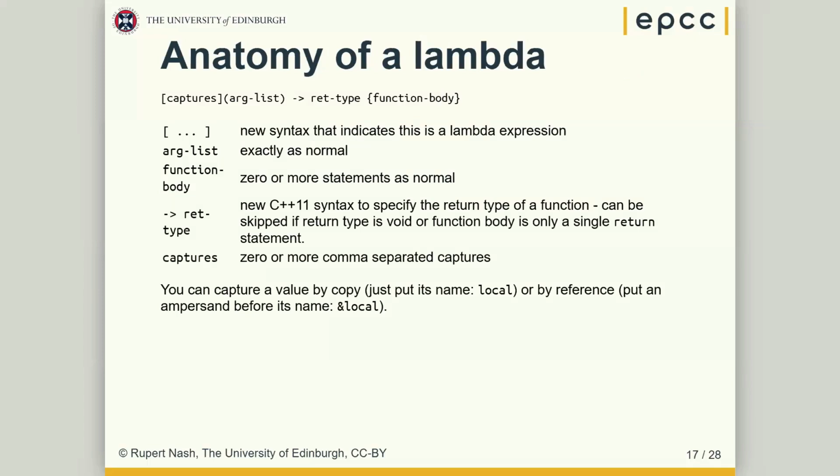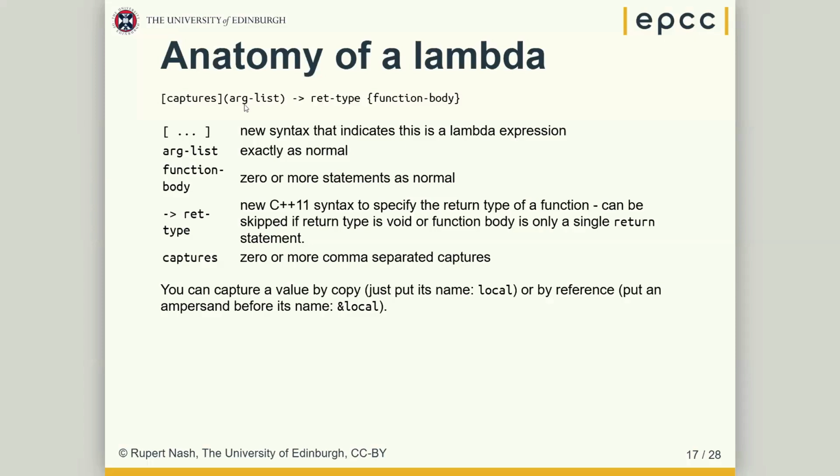Okay, so we've introduced some new syntax here, so let's review that again. We have the square bracket that captures. This is the new syntax that indicates that this is a lambda expression, and it captures one or more comma separated elements from the local scope. That means that if you capture by value, it's going to be whatever the value was in this local area.